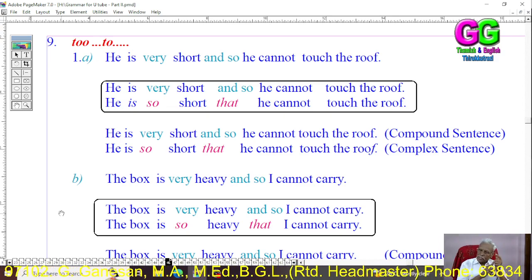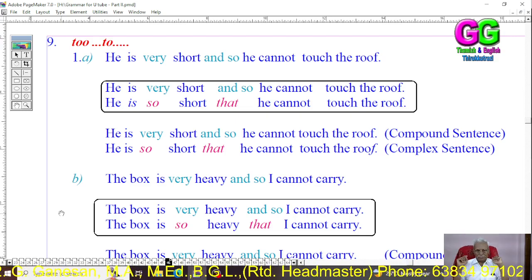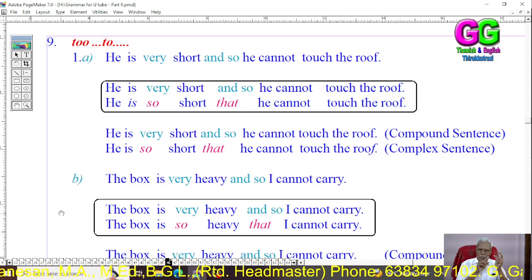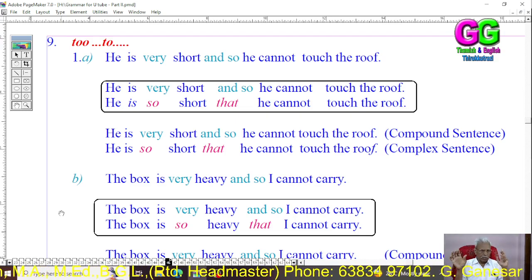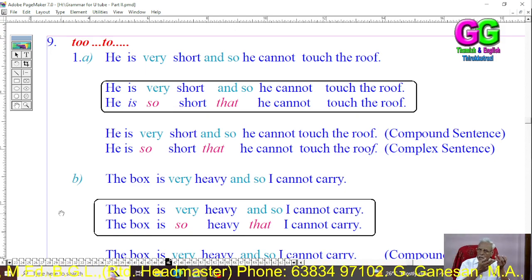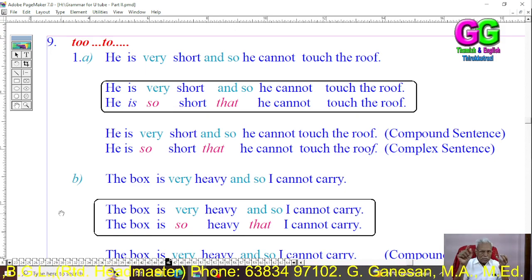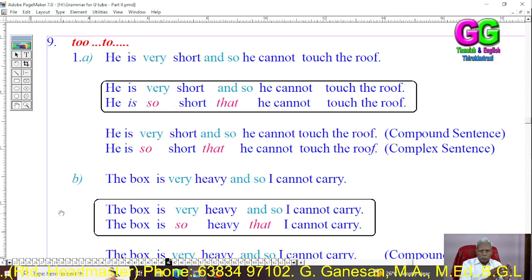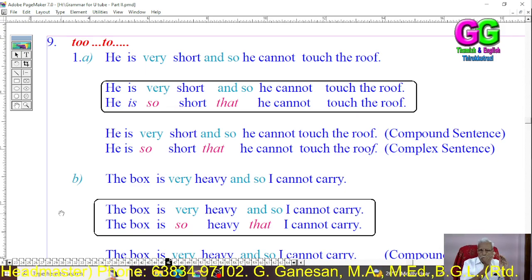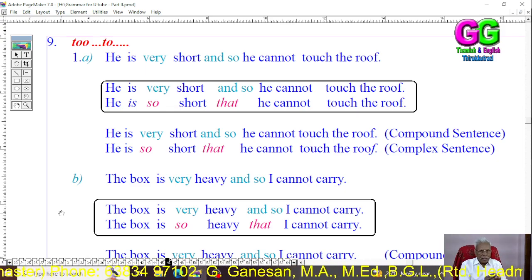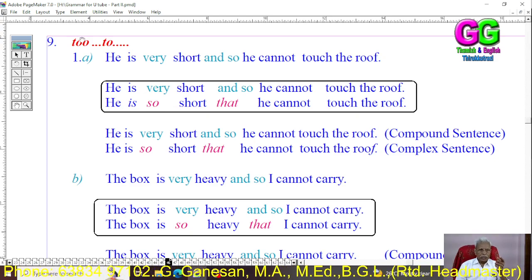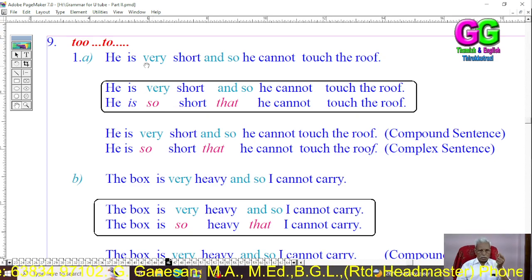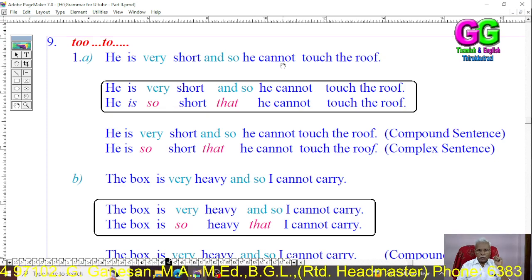Its compound conjunction is "very" and "so". Let's see here the compound: He is very short and so he cannot touch them.